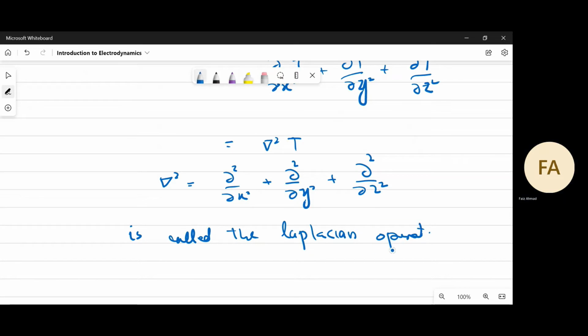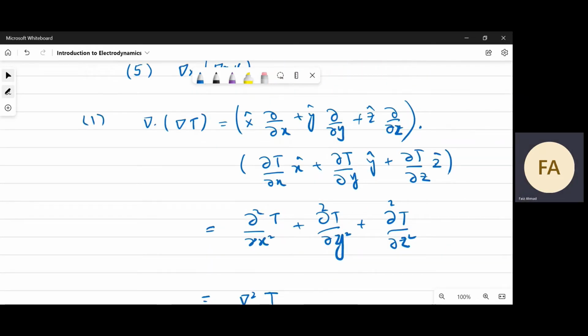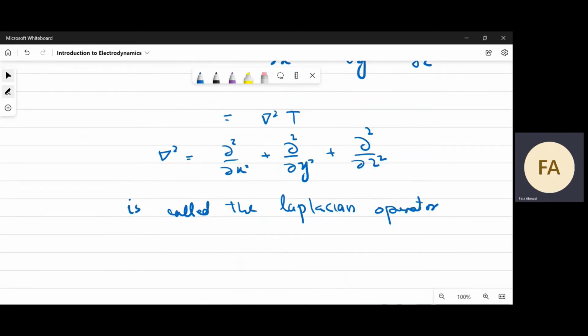So from the divergence of gradient, we obtain a second derivative in terms of partial over partial x square, partial over partial y square, and partial over partial z square, which is given the name Laplacian operator.